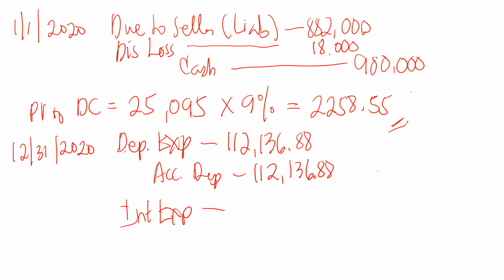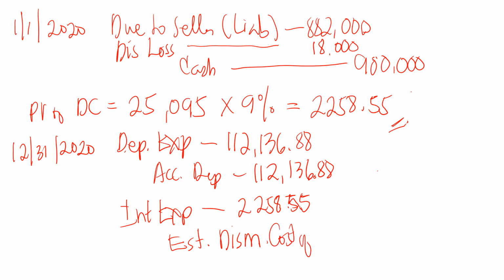So that will be 2,258.55 and credit to estimated dismantling cost of equipment, because I use this account in the previous slide. So 2,258.55. So this 2,258 will be added to this 25,095.